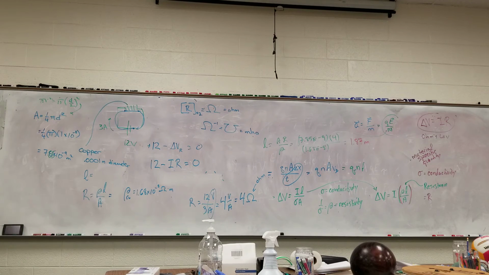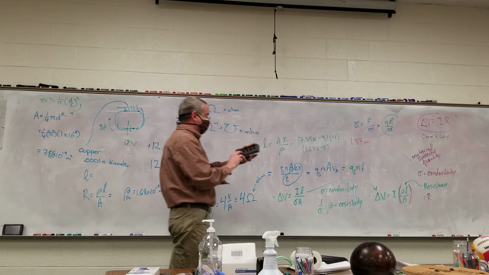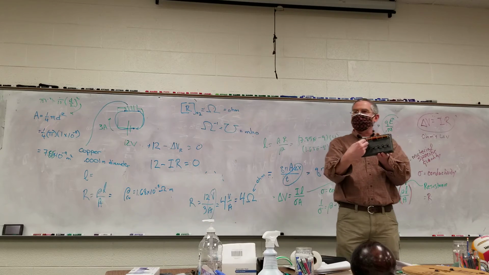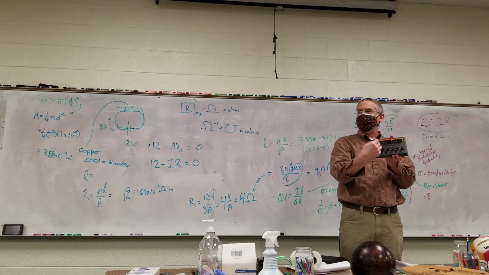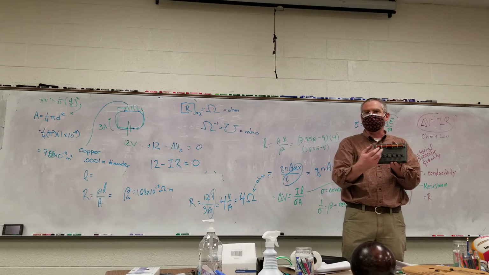Now, in the resistivity lab, you'll be using the wire board over there for one part, and the resistance coils for another part. In terms of diameter here, you could count out a certain number of coils, measure that distance, and divide by the number of coils.